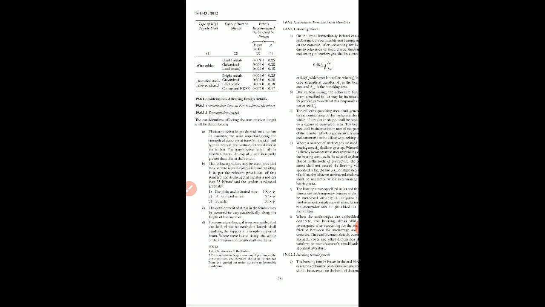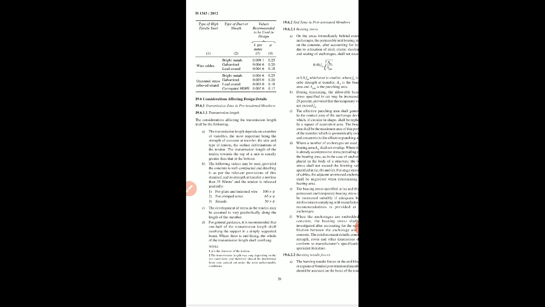Another part which is favorable is slow release of the jack, so that is the favorable case for transmission length. Then there is the effect of creep, compaction of concrete cover, and presence of confining reinforcement. So these are the conditions that affect the design of transmission length.